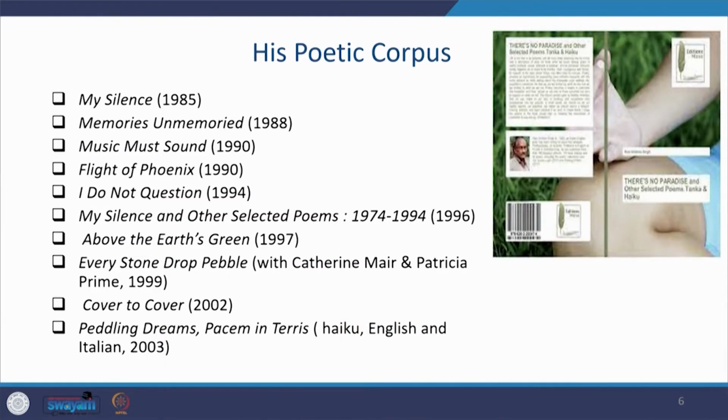Namely, he started with My Silence in 1985, then Memories Unmemoried, then Music Must Sound, Flight of Phoenix, I Do Not Question, My Silence and Other Selected Poems, which is actually a collection of his poetry for 20 years, 1974 to 1994, and then Every Stone Drop Pebble, which was a joint venture with Catherine Meyer and Patricia Prime, came up in 1999, then Cover to Cover in 2002, Peddling Dreams.